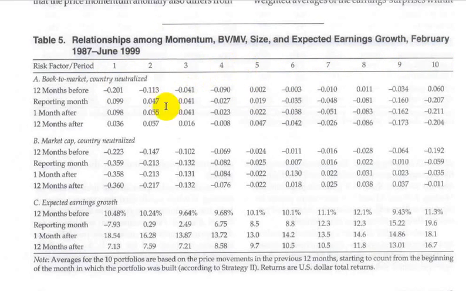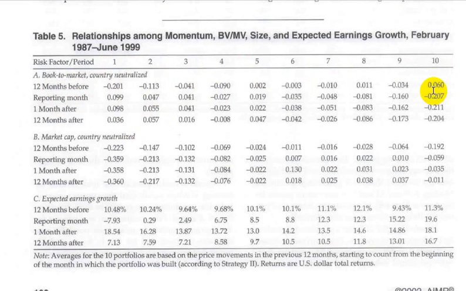But in fact, what we find is that in most cases, periods either 12 months before or during the reporting month or the 1 month after, the 12 months after, the relationship between value and momentum decreases. So we can conclude that the returns to value actually decrease as the returns to momentum increase.